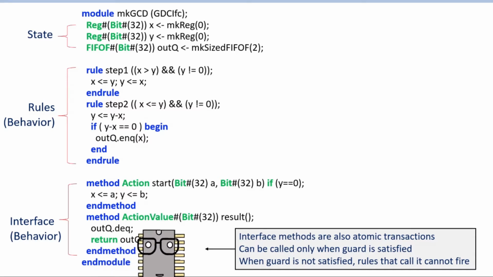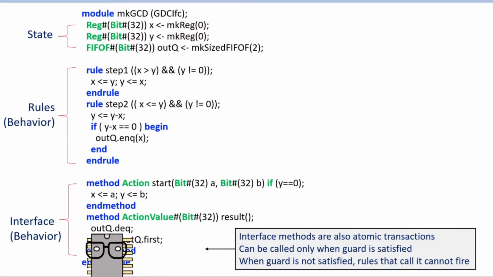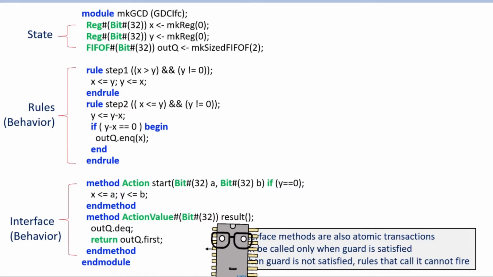For example, this action value method result needs to call outQ.deq, but outQ.deq has either implicit or explicit guards such that if the output queue is empty, then the guards are false. So if the queue is empty, it is not allowed to call deq, and when someone wants to call result, this whole method is uncallable.